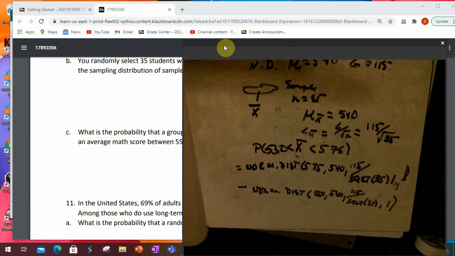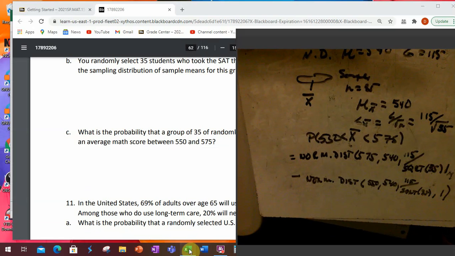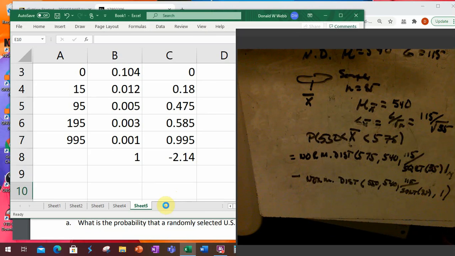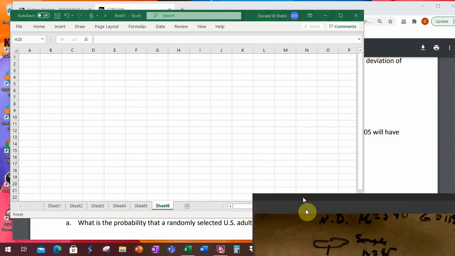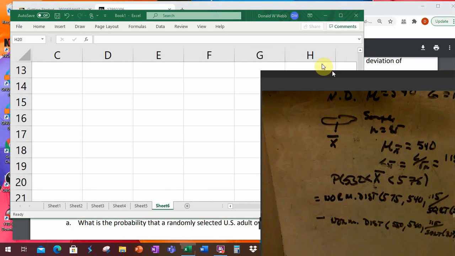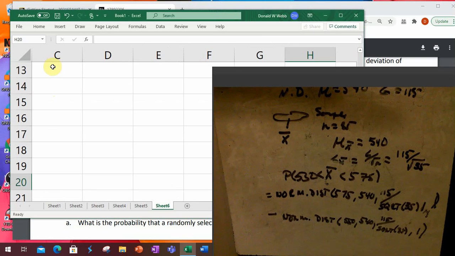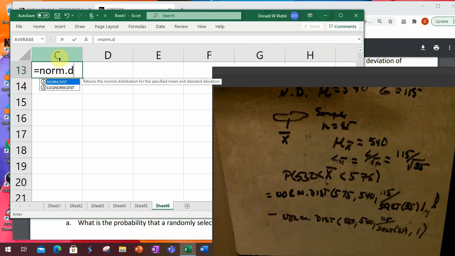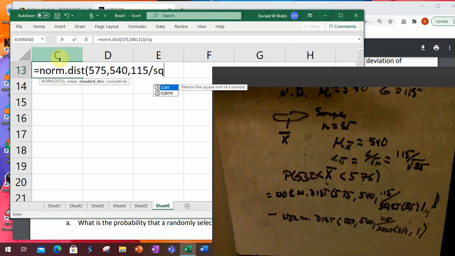So that looks like this in Excel. Equals norm.dist, the 575, the mean is 540, and now for doing this, I do 115 divided by SQRT.